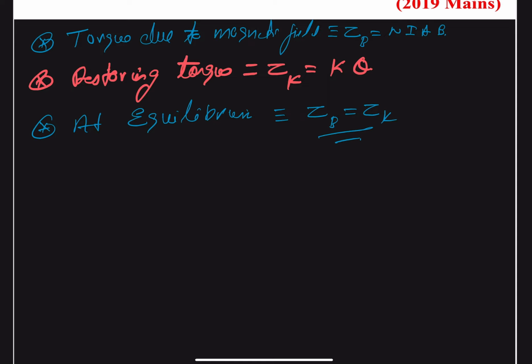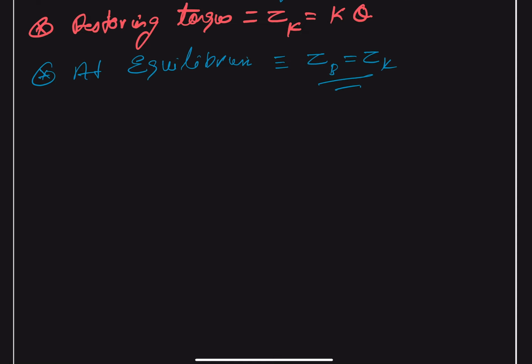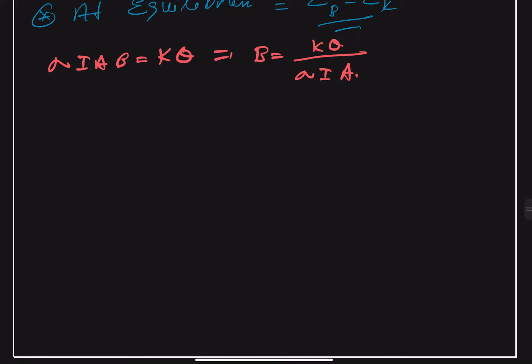Now it's quite easy, we simply substitute the values. We get tau B, which was NIAB, equal to K multiplied by theta. So from here we get our magnetic field B will be equal to K theta divided by NIA. We substitute the values.